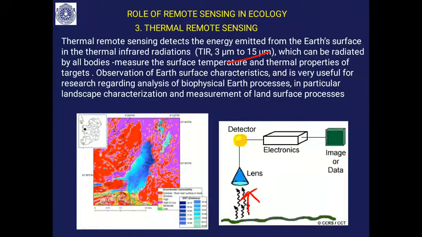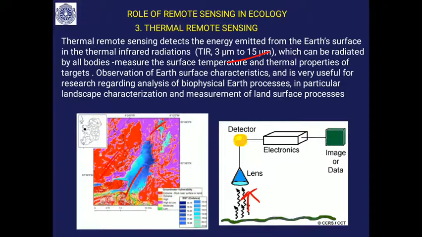This is a thermal remote sensor based image. You will be able to see the river here. The different colors, the rivers, the soil and the forest, you can see all these. This is because of the amount of thermal radiation that brings these differences in the colors in this image.